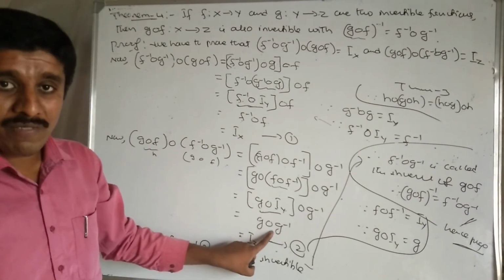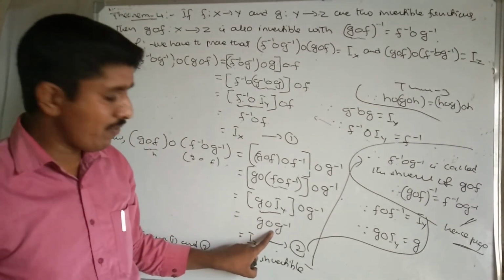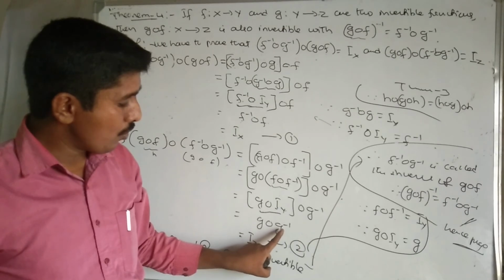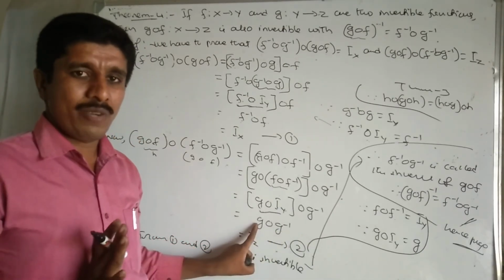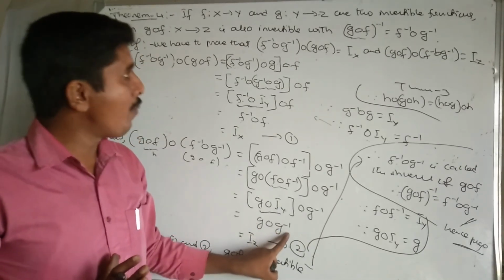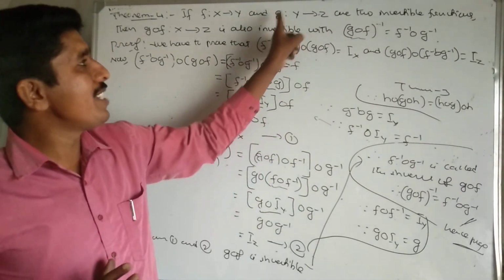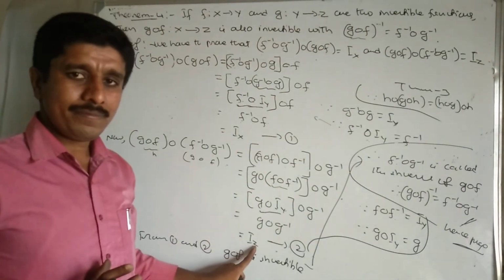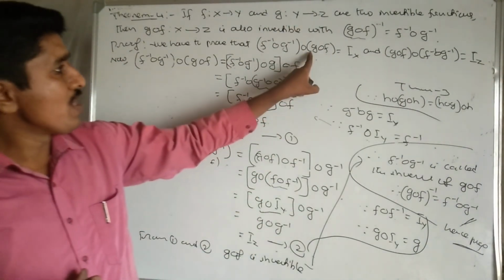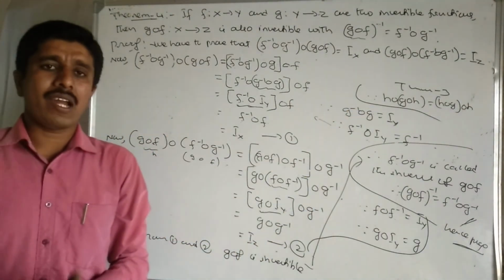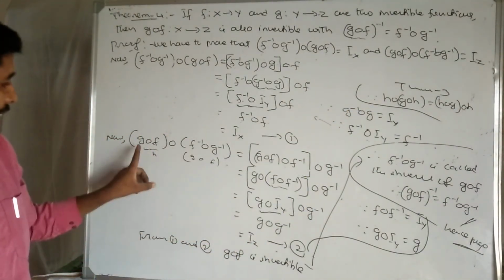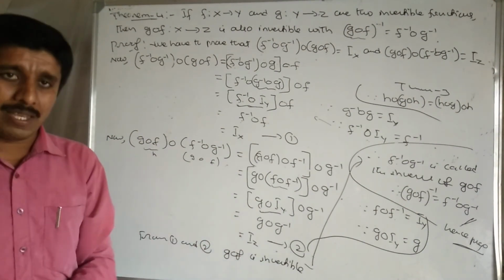It is a composite function defined from the domain of G inverse to the codomain of G. Got it? We know G domain is Y, so G inverse domain is Z. First one we have proved, second one proved. From equations 1 and 2, according to the definition, clearly G o F is invertible.